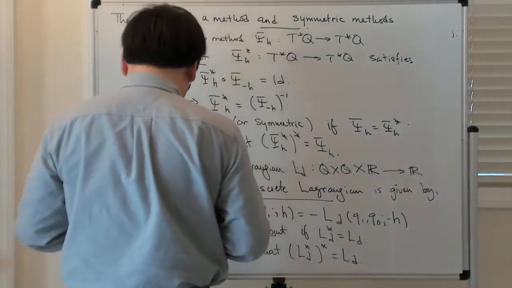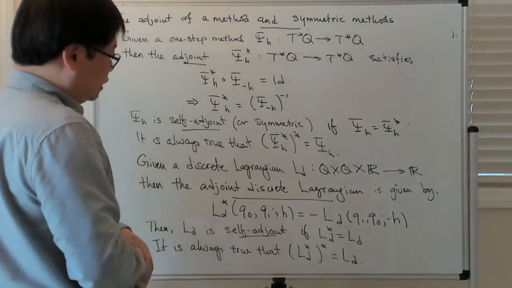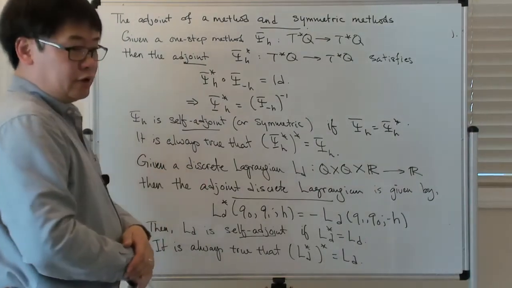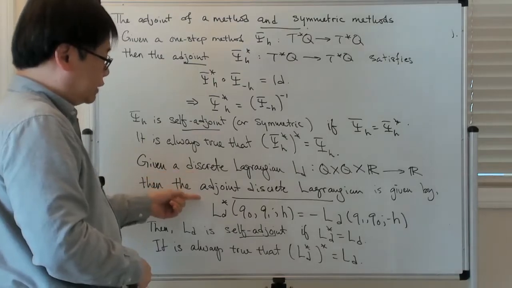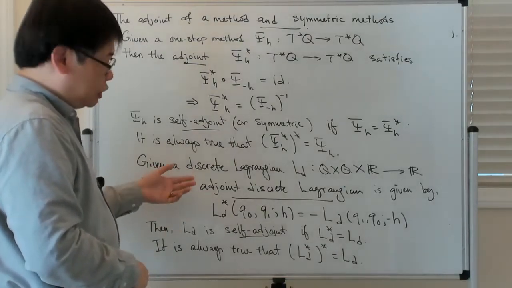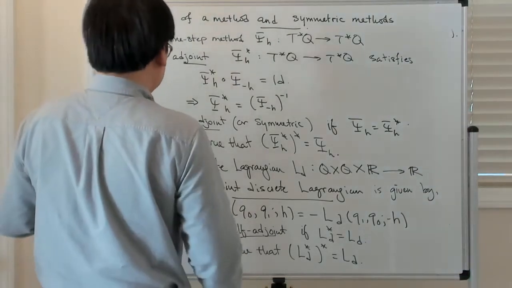So let's try to prove that if you have a discrete Lagrangian and an associated adjoint discrete Lagrangian, then the one-step methods generated by these two discrete Lagrangians are the adjoints of each other. That's what you might expect.